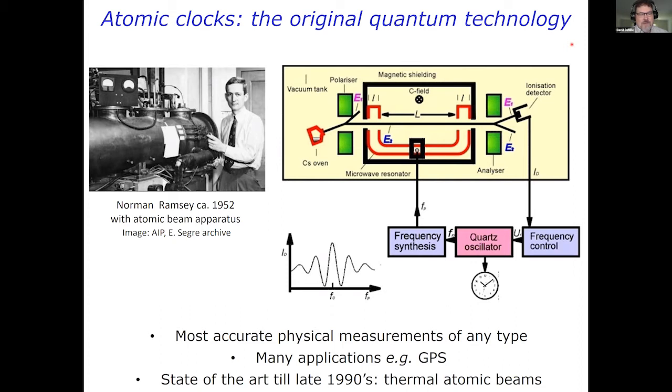Of course, the first clocks were built by Norman Ramsey and colleagues, but I'll just point out that until the late 1990s, the state of the art for atomic clocks was still done with thermal atomic beams. And it's really only been in the last 2 decades or so that laser cooled atoms have become the better technology for more accurate clocks.